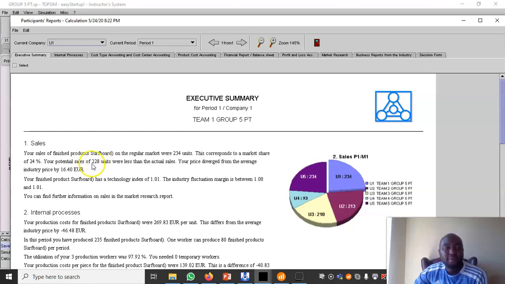So if this was your demand for the first period and there's a possible 20% growth in the next 6 months, you take your old demand, which is your potential sales, plus 20%, not plus 20, but plus 20%. That will give you what you expect to sell in your next 6 months.